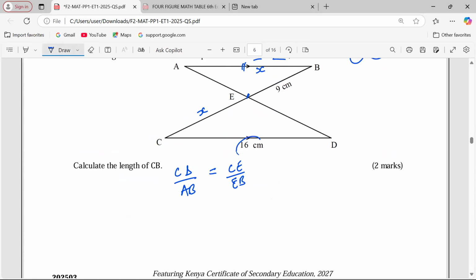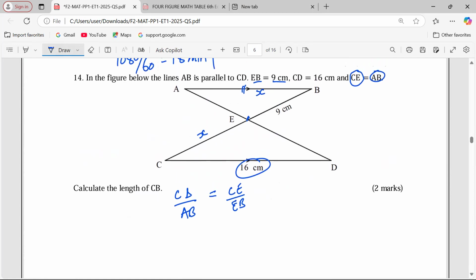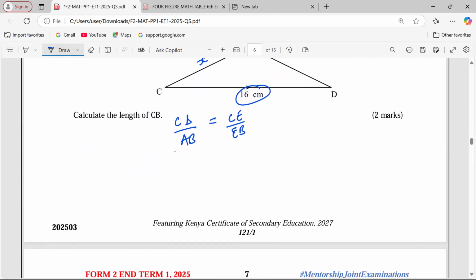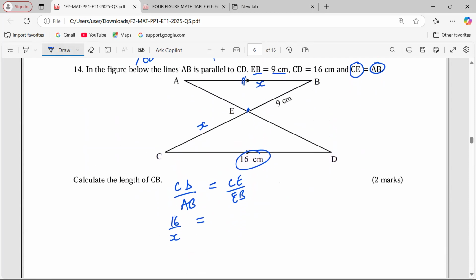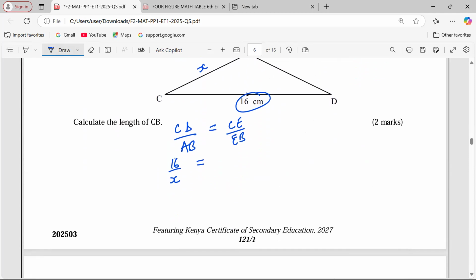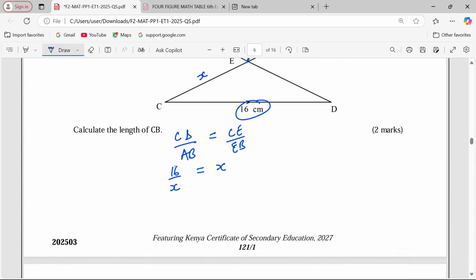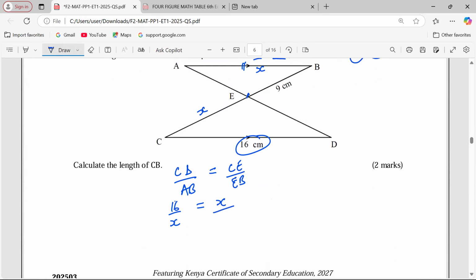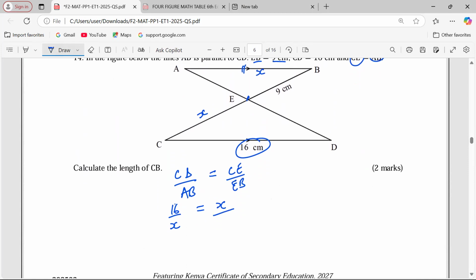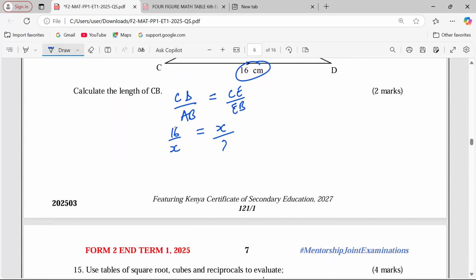So when we take 16 and divide by x unknown, 16 over x, we will get the same as CE, which is also x because they are equal according to the instructions, divided by EB. EB equals 9. Cross multiplication gives us 16 times 9, which is equal to x squared.